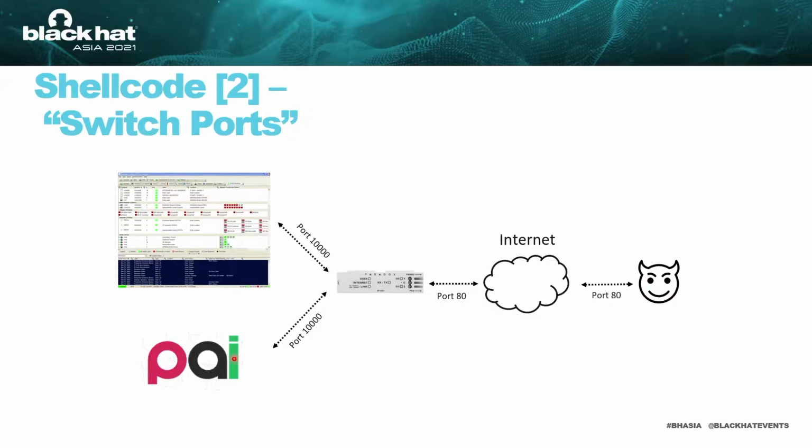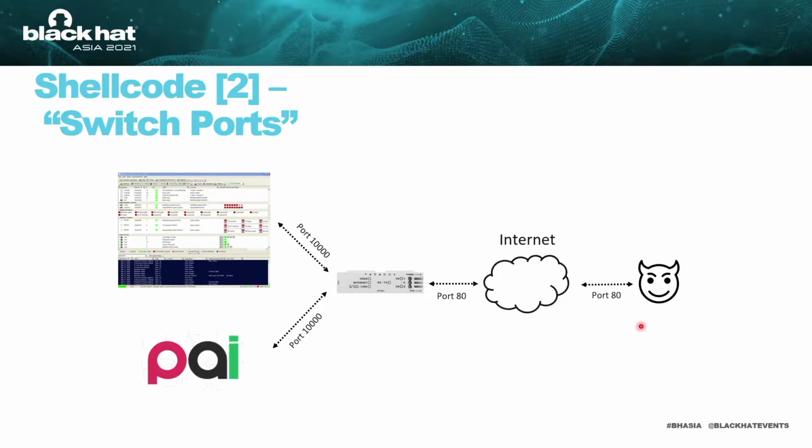But PAI works with the management software called Babyware. Babyware is Paradox's management software for the alarm systems, and it's used to set up different rooms, different areas, different sensors, all of these things. But it's used locally. So port 10,000 would normally be open only on the local network, and we're on the internet. So what can we do with that?